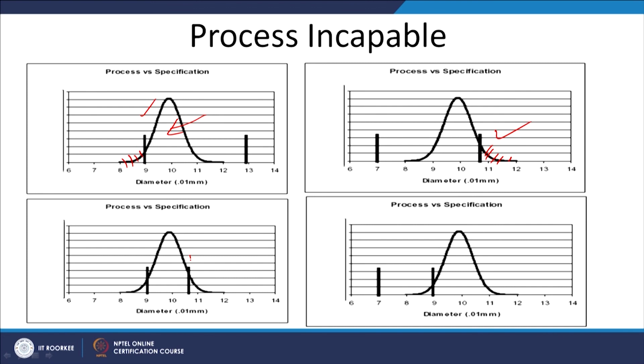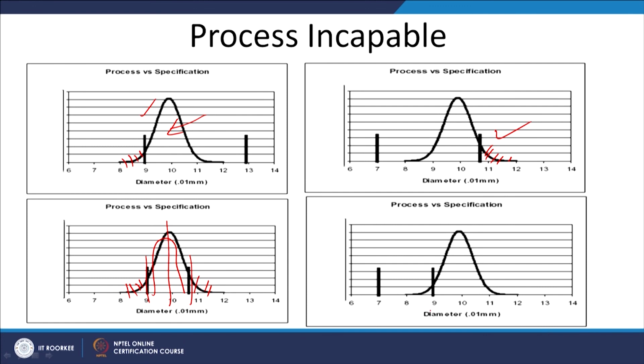Or here the upper and lower specification limits are very close to the average, and the process needs very tight and very close control. So, if the process is controlled like this, then everything will be within the control, otherwise we will see that a few things are being manufactured beyond the lower specification limits as well as the upper specification limits.